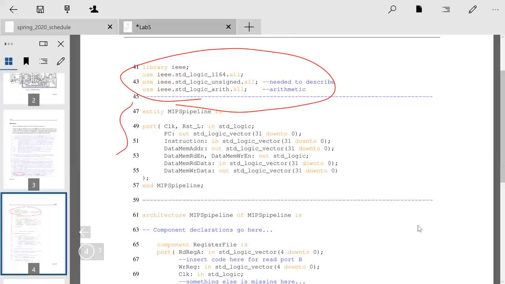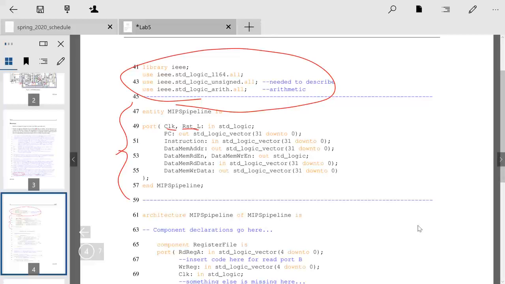So the entity of our pipeline, and the inputs: we have single cycle inputs, which are single bit width, standard logic type, which are clock and reset.